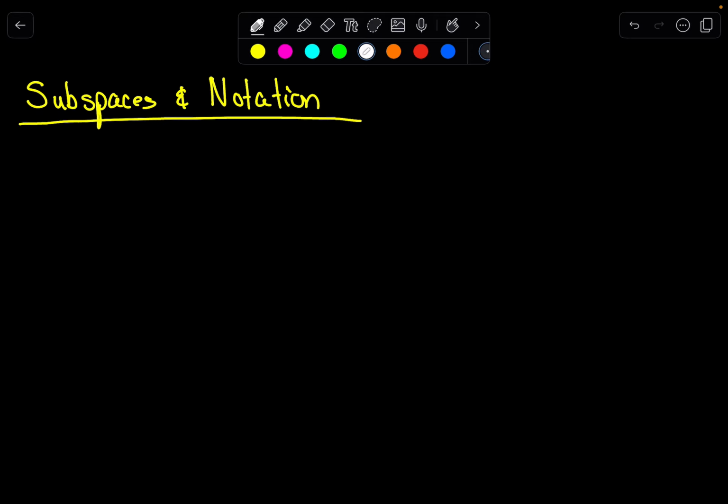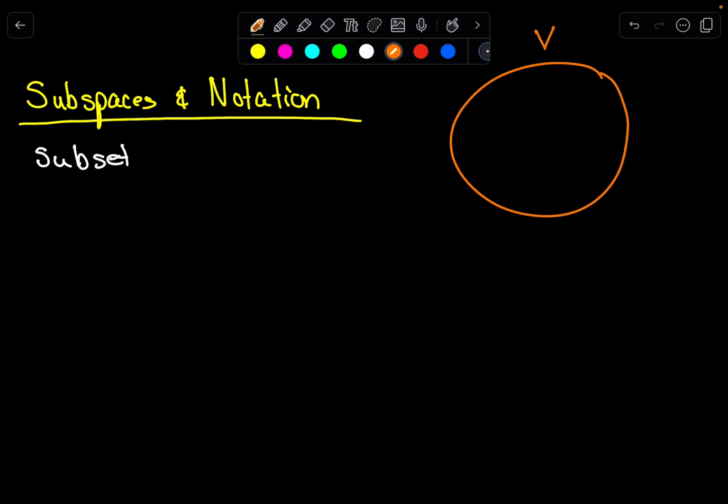So last time I talked about this idea of a subset. Visually, the idea was that if I have a collection of items in this set V, a subset could be any smaller collection inside of it, but a subset could also be the entire thing.